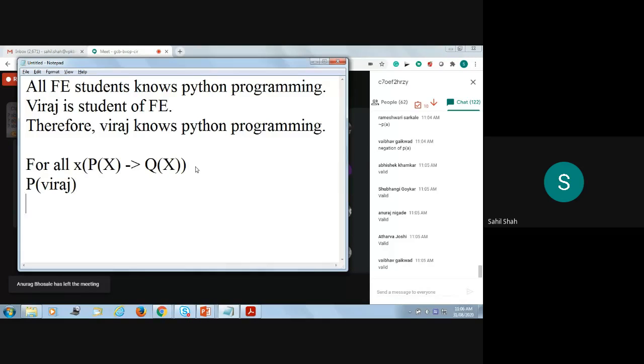So what is your conclusion? Conclusion has to be Q of Viraj. Viraj knows Python programming. Hence the given set of arguments is valid. Am I clear? In a similar manner, can you tell me the answer for the second?